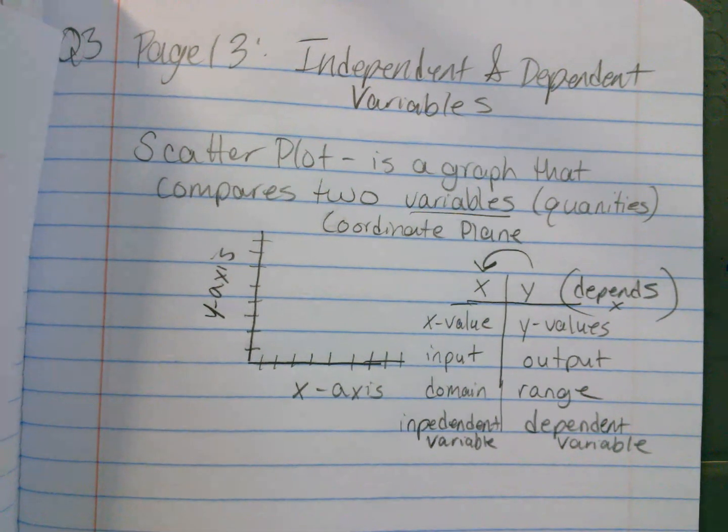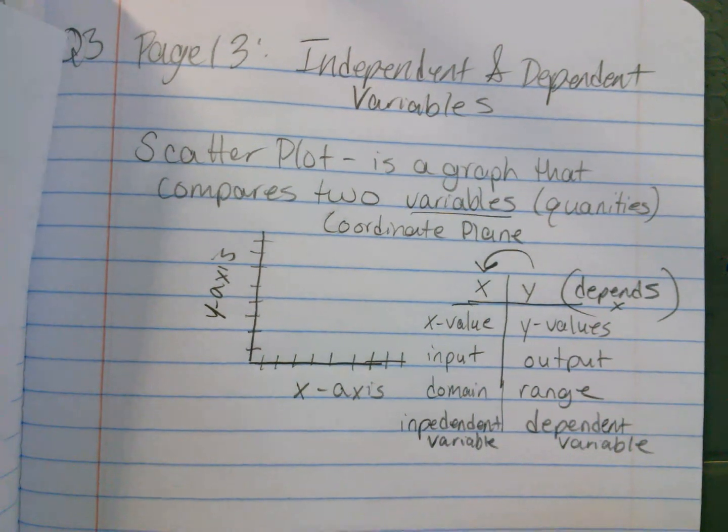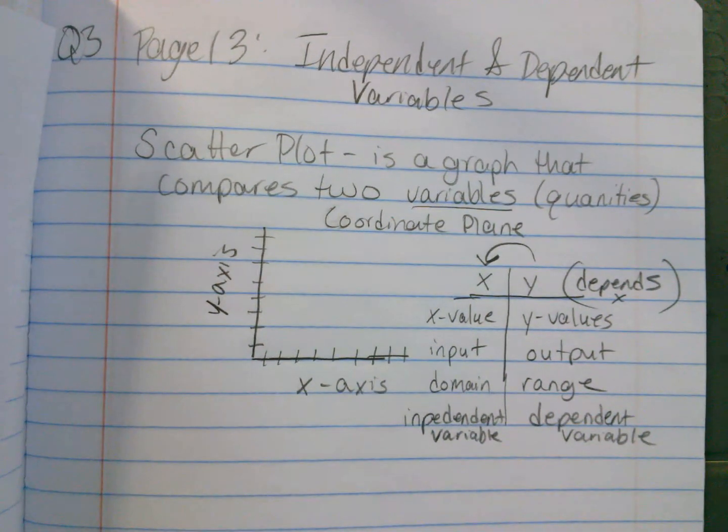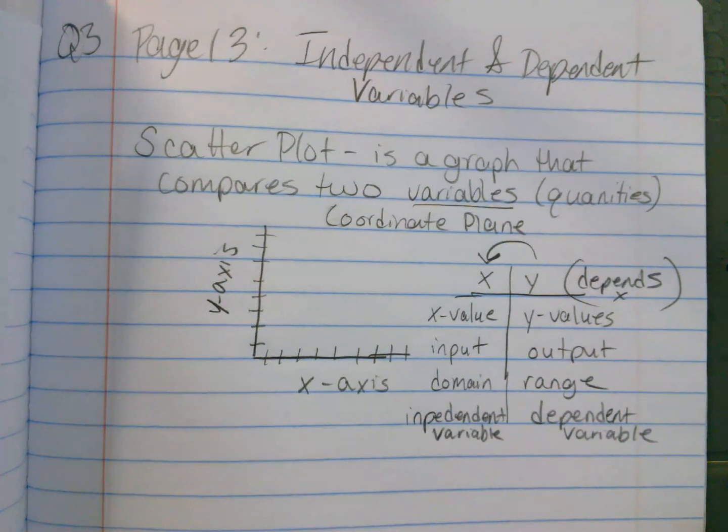You graph the points and you draw one single line that goes through most of the points, but you don't connect the points. That will be a line graph. With a scatter plot, you graph the ordered pairs and you might have one single line going in the same direction as the points, but you do not connect all of the points together.